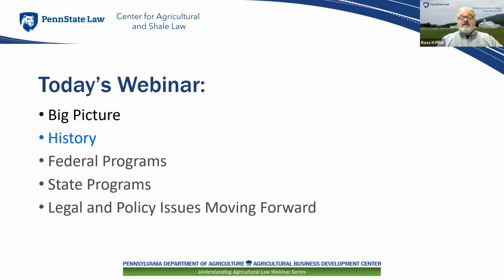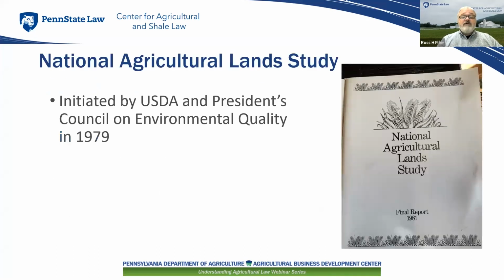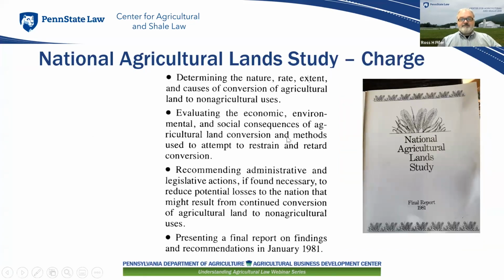So as we look at the history of these purchase of ag conservation easement programs, you go back to the 1970s, at a time when there was starting to be a recognition of the potential issues being created through the loss of agricultural land. And so there was a national agricultural lands study initiated by USDA and the President's Council on Environmental Quality in 1979.